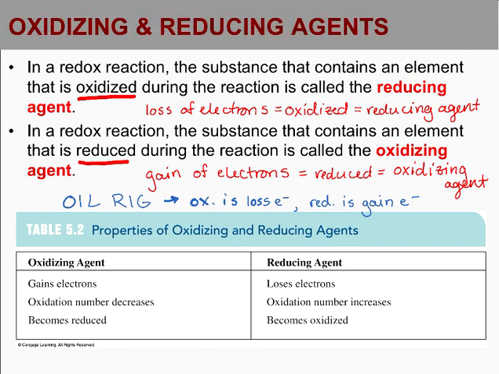And then the other one is, I'll write it down below, Leo the lion says GER. So that stands for loss of electrons is oxidation, so LEO. And then gain of electrons is reduction, GER. So whichever one you like better, you can use that as a way to remember that something is oxidized if it loses electrons, something is reduced if it gains electrons.